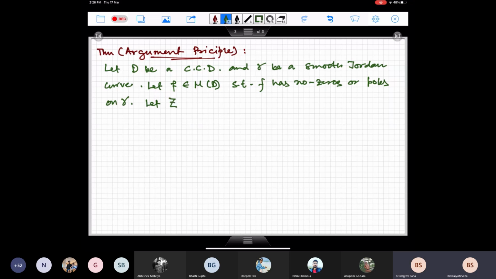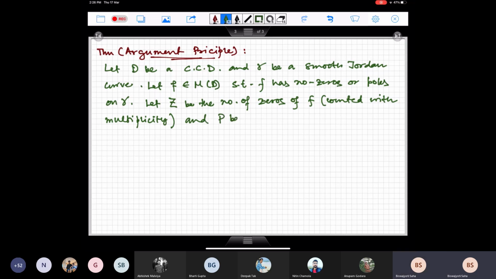Let capital Z be the number of zeros of f, counted with multiplicity, of course, and P be the number of poles of f, again counted with multiplicity.